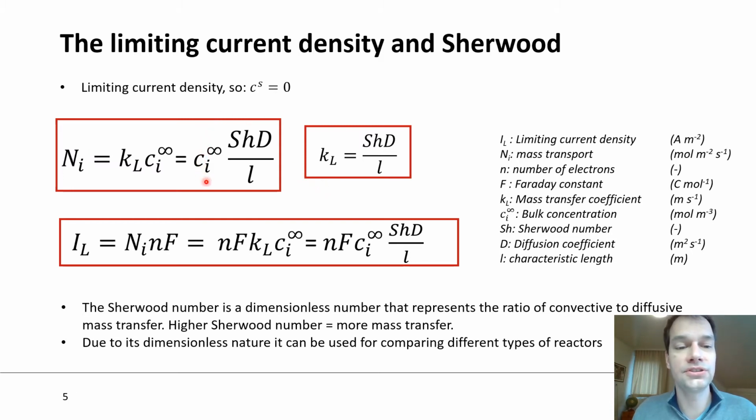So the flux is equal to the concentration in bulk multiplied by the Sherwood number multiplied by the diffusion coefficient divided by the characteristic length. Now, you can easily then make the step towards the limiting current density, where you basically just add the n and the F. So in this way, you can relate the limiting current density to the dimensionless Sherwood number.